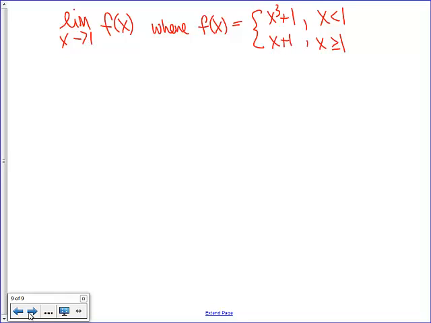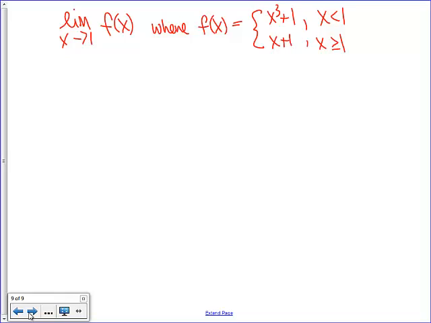Okay. Now I want to know the limit as x approaches 1. So, again, if I want to know a limit, the limit from the left must match the limit from the right. Therefore, I'm going to find both limits.